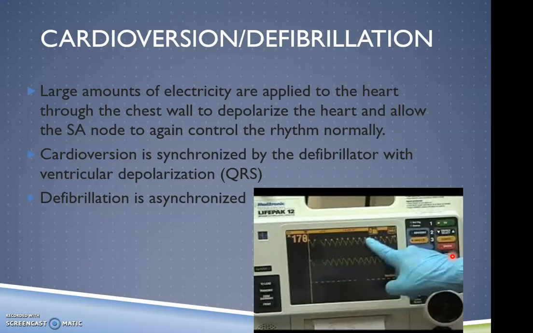If you're going to cardiovert, you hit that sync button and these dots appear at the top on R waves. That way, when you hit the shock button, the shock will be delivered in synchrony with the R wave. For defibrillation, we do not need the sync button. We just charge and shock.